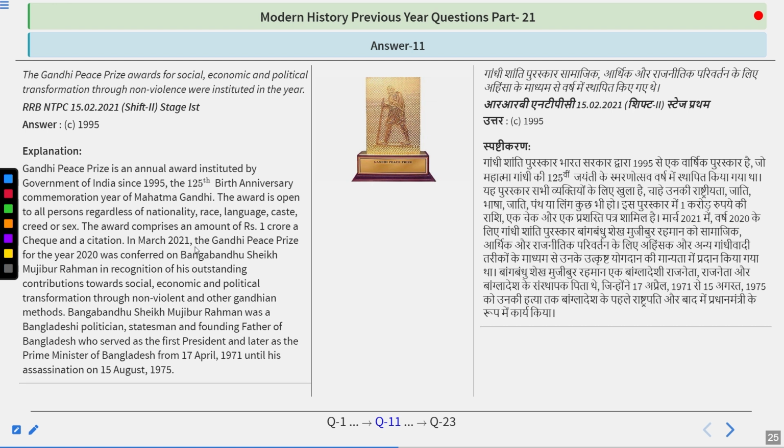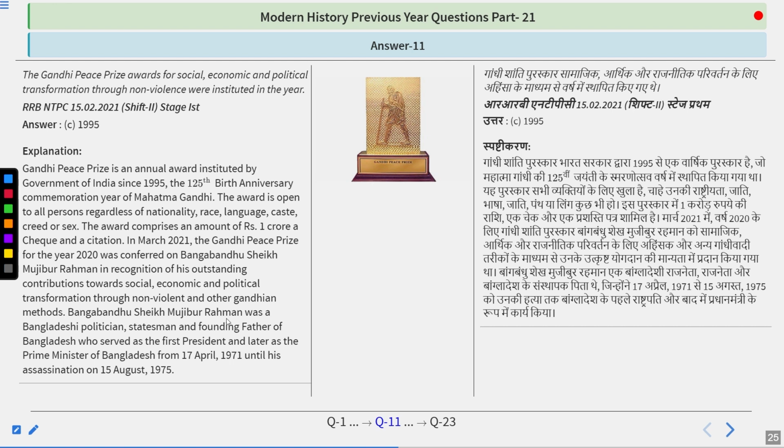In March 2021, the Gandhi Peace Prize for the year 2020 was conferred on Bangabandhu Sheikh Mujibur Rahman, in recognition of his outstanding contribution towards social, economic, and political transformation through non-violent and other Gandhian methods.